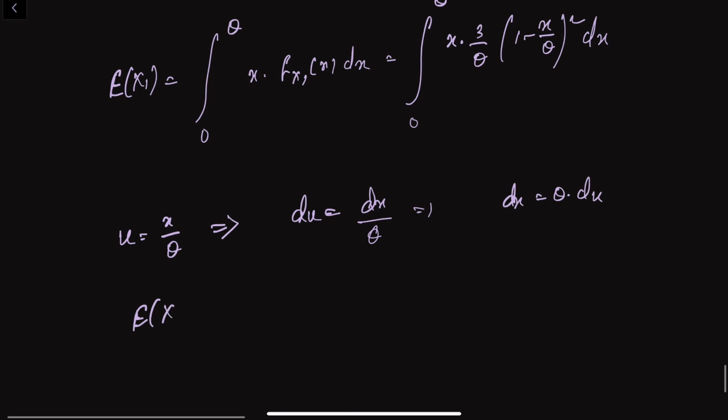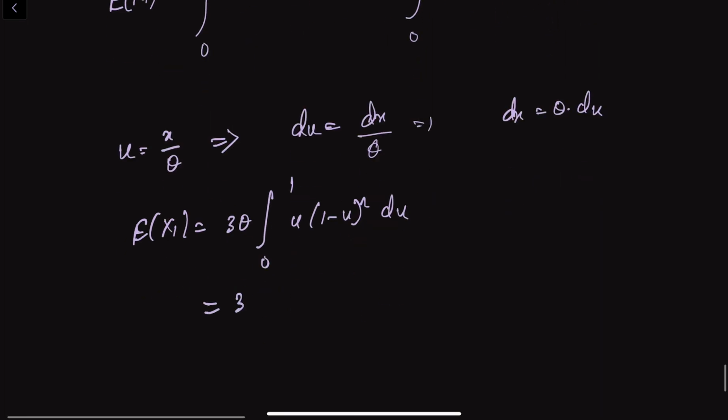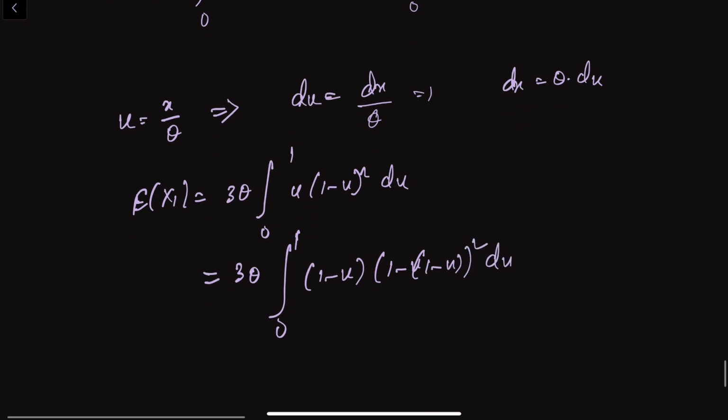So the expectation of X1 is 3 theta times the integral from 0 to 1 of u times 1 minus u whole square du. So that is 3 theta into the integral from 0 to 1 of 1 minus u into 1 minus of 1 minus u whole square du.